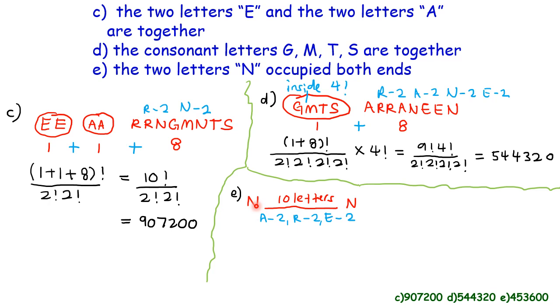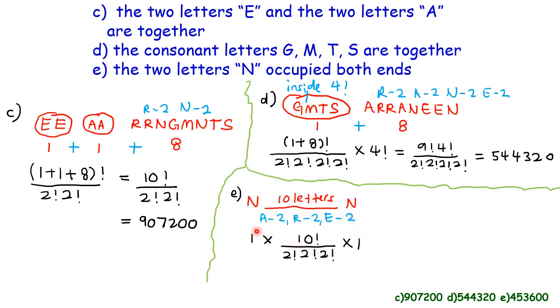Okay, and then lastly for question E, the 2 letters N occupy both ends. So we list out N on the first and the last place. So we only have 1, 1, so we don't consider the arrangement for N anymore. We only consider the in between. So in between, after we subtract these 2 N's, we have another 10 letters. And apart from N, we still have 2 A's, 2 R's, and 2 E's.